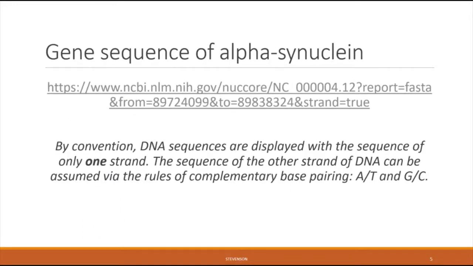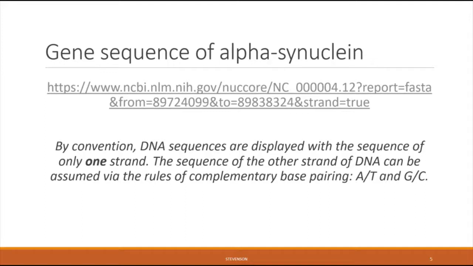So I'm going to show you what the actual sequence of letters is in this piece of DNA, this gene, which writes the instructions for making this nervous system protein. I'm going to go to a database called the National Center for Biotechnology Information, which contains essentially the sum total knowledge of all gene sequences that humans have identified in the human genome as well as in other living organisms.